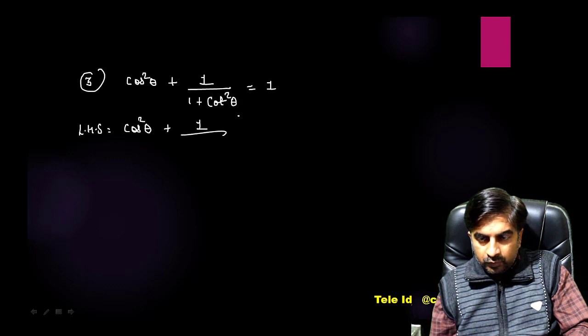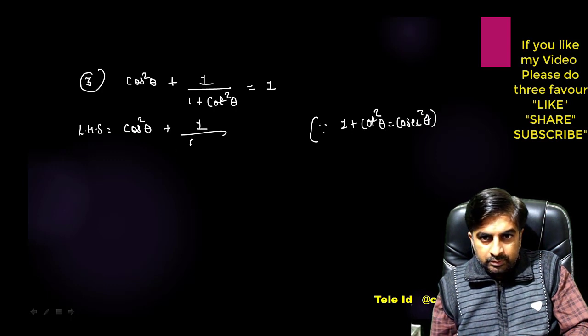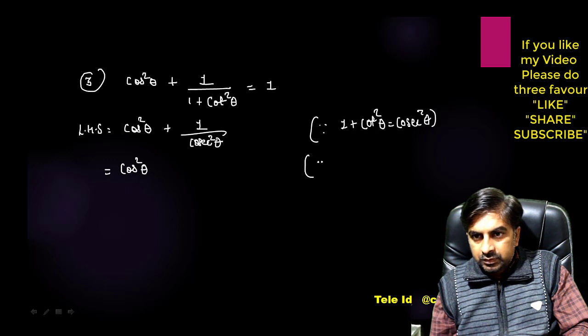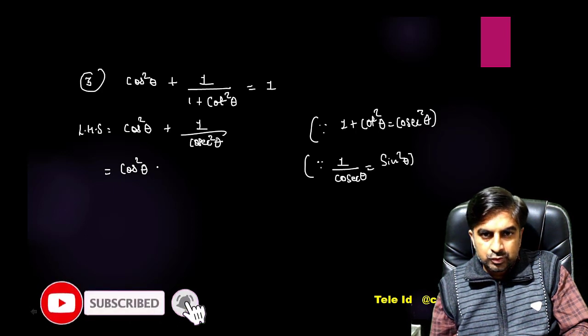1 upon 1 plus, since 1 plus cot square theta will give you cosec square theta, so 1 by cosec square theta. Now cos square theta, and here 1 by cosec, since 1 by cosec theta equals to sine theta, so plus sine square theta.